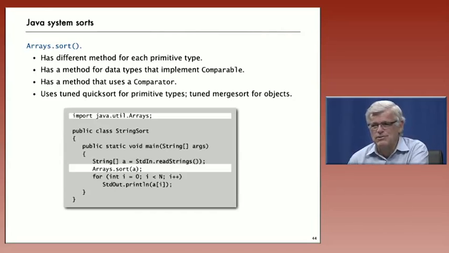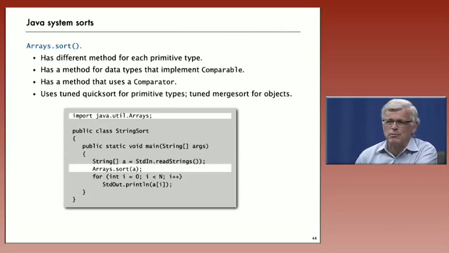It uses a tuned quicksort for primitive types of data and a tuned merge sort for objects. Why two different? It's just the designers' assessment that if a programmer is using objects, maybe space is not a critically important consideration, and so the extra space used by merge sort maybe is not a problem.